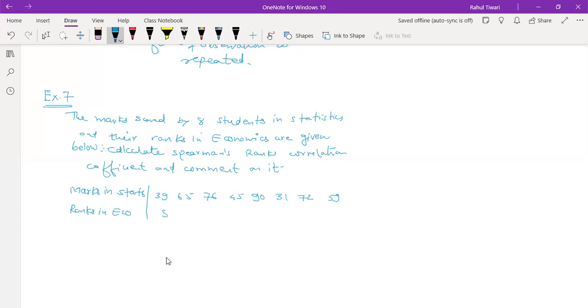And the ranks are 8, 3, 1, 7, 2, 6, 4, 5. Okay. Solution. Let's write down the solution.